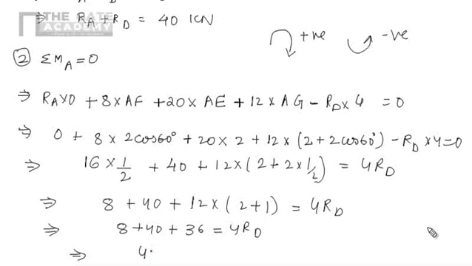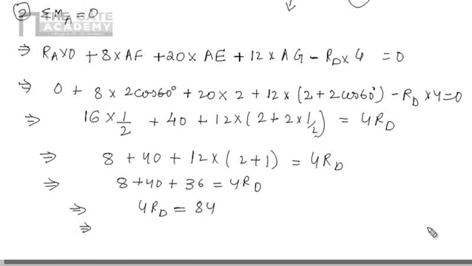So we can write 4 RD equals 40 plus 36, 36 plus 8, it will be 76 plus 8, it will be 84. So we can see RD will be 54.4, nothing but 21 kilonewton. So by this way, we can calculate the value of RD, which is nothing but 21 kilonewton.